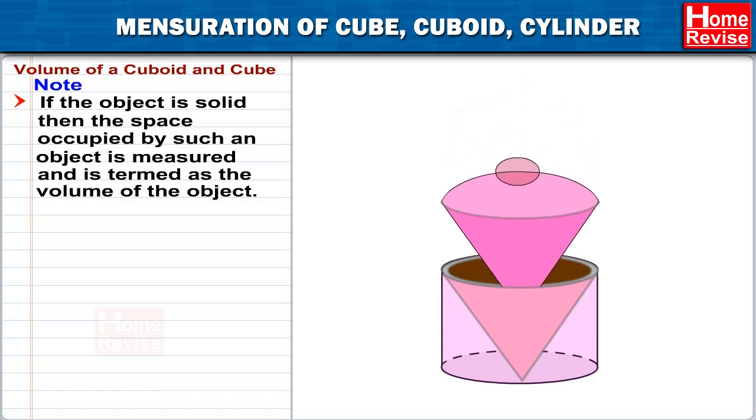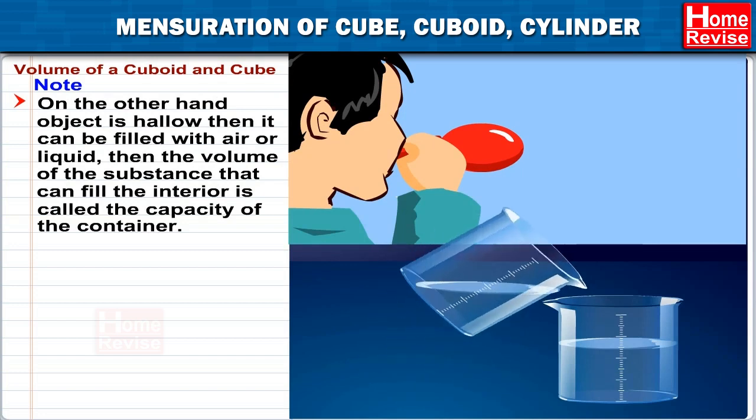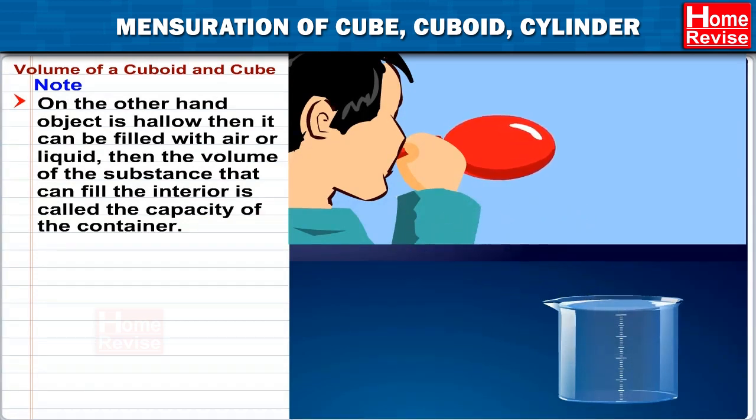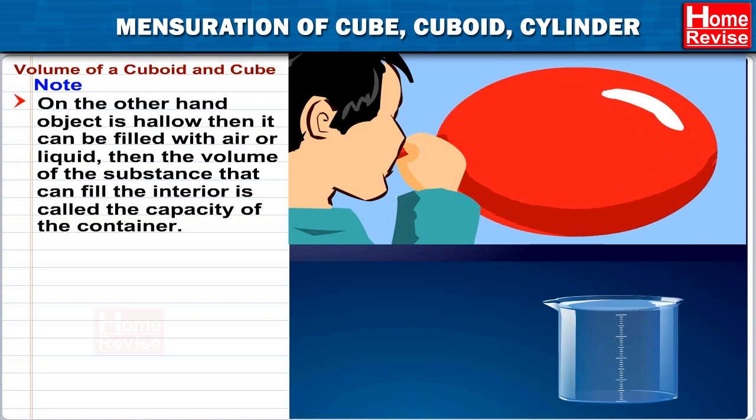Note, if the object is solid, then the space occupied by such an object is measured and is termed as the volume of the object. On the other hand, if the object is hollow, then it can be filled with air or liquid. Then the volume of substance that can fill the interior is called the capacity of the container.